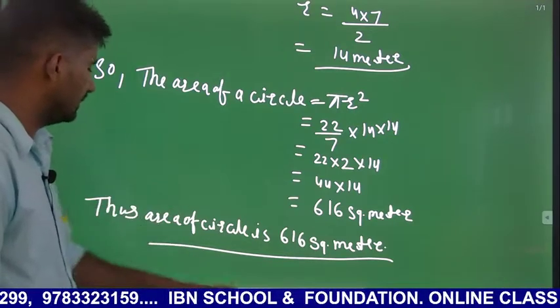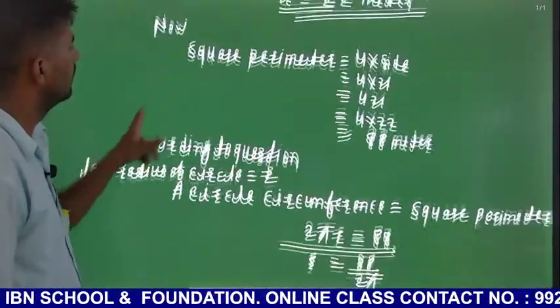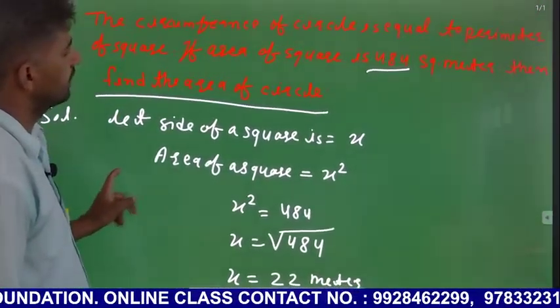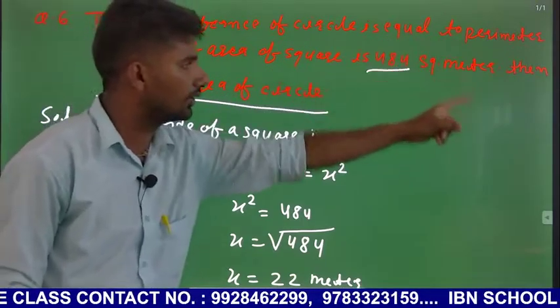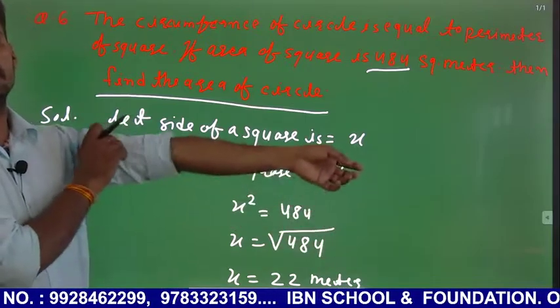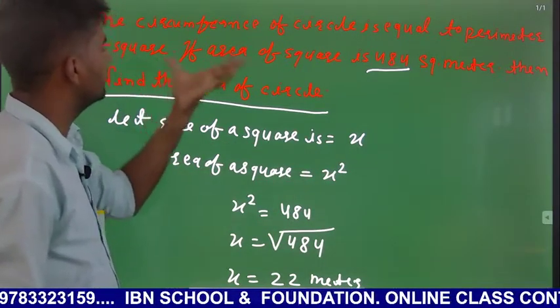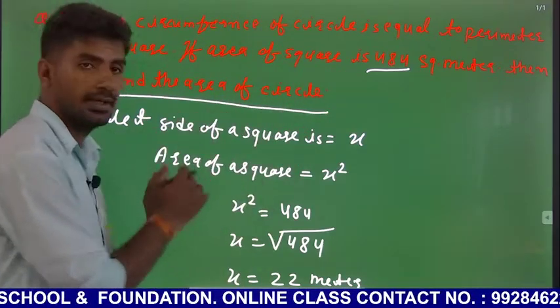So firstly I repeat this question again from the starting point. First, understand the question: the circumference of a circle is equal to the perimeter of a square. Also, the square's area is given. So we find the side of the square, let the side be x.